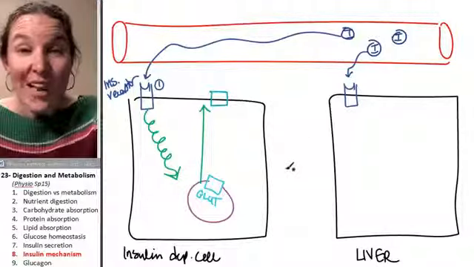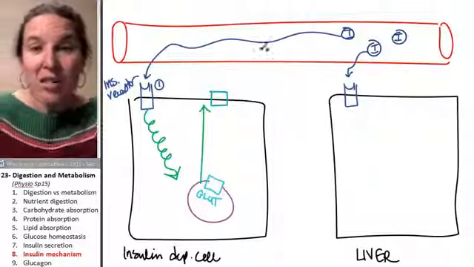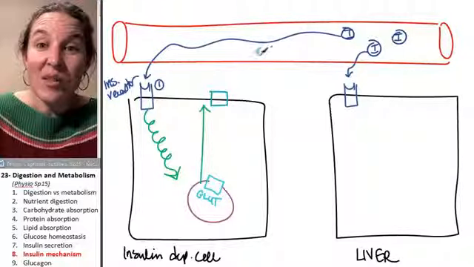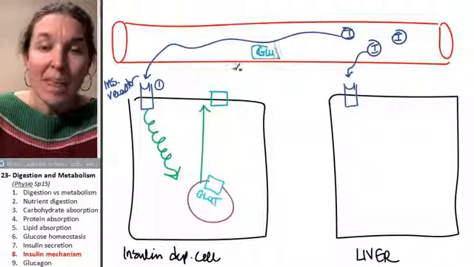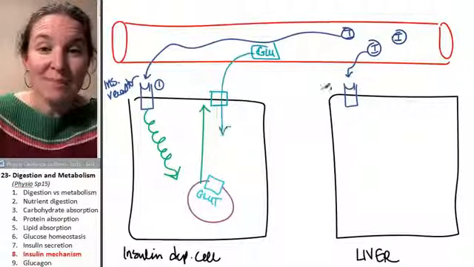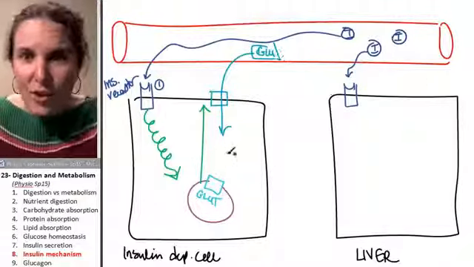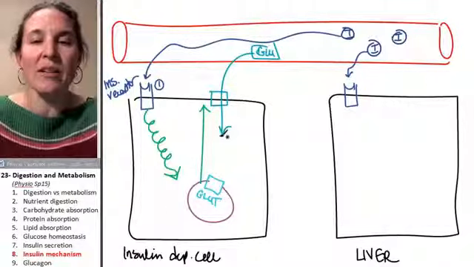GLUT doesn't just hang out there. GLUT is there so that then a glucose molecule, that says glucose, can come and diffuse into the cell, down its concentration gradient because we just inserted a GLUT molecule.